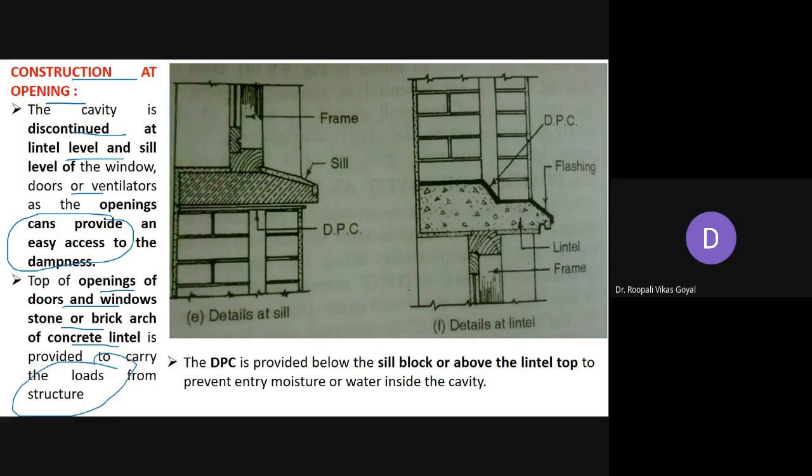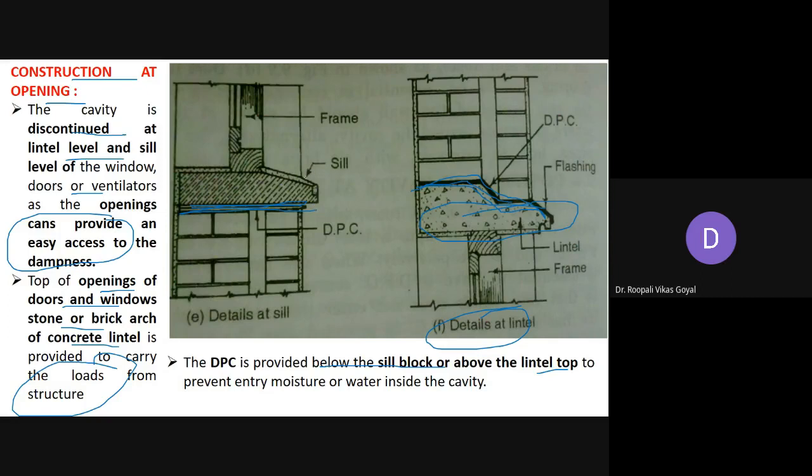So generally you can see this is the detail at the lintel. Above this opening this kind of lintel is provided, and that is provided all over with the damp proof course. Okay. And for the sill level the DPC is generally provided below the sill block or above the lintel top. So as I have told you, above this lintel top you have your DPC, or else below sill level you can provide your damp proof course just to avoid the entry into the cavity.